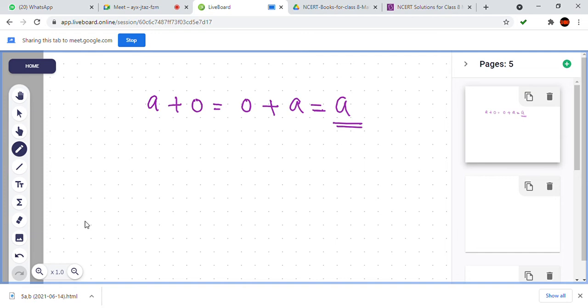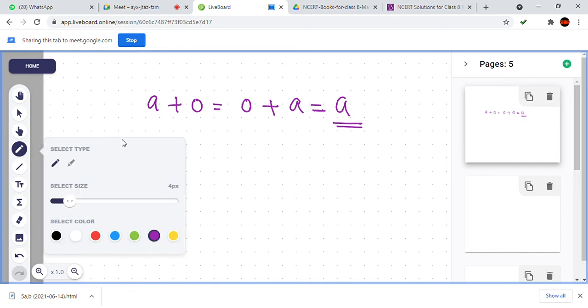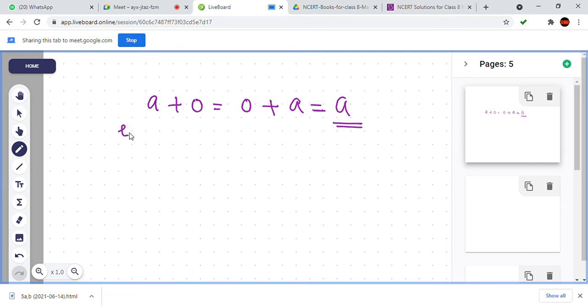Then can you say what the multiplicative identity is? 1. Because when we multiply with 1, we get the same number. Here you can write one example also. Example: 5 plus 0 is 5.